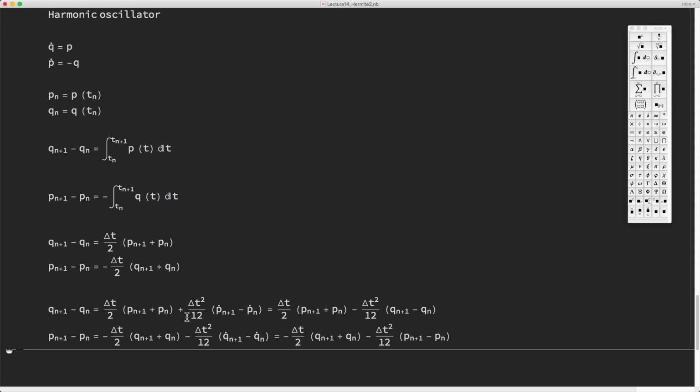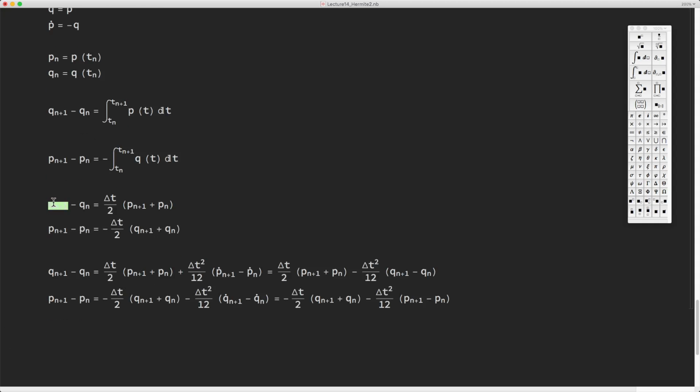Again, we run into the same problem that Qn plus 1 and Qn and Pn plus 1 show up on both sides of the equations. So in general, we would iterate these equations. We would make some initial guess for Pn plus 1 and Qn plus 1, then evaluate this expression, calculate Qn plus 1, and then take the new value, plug it back in here, take the new value from here, plug it here, and calculate these expressions again.